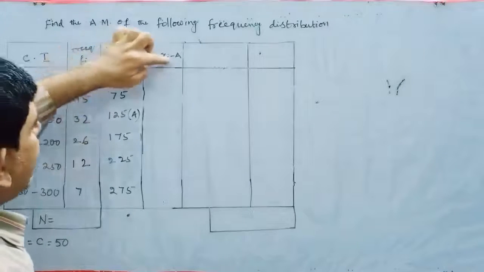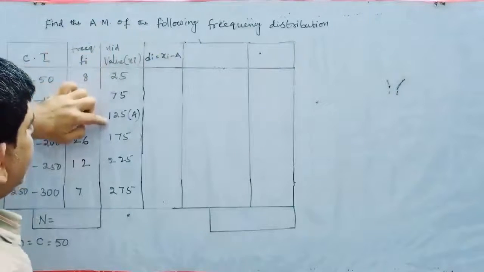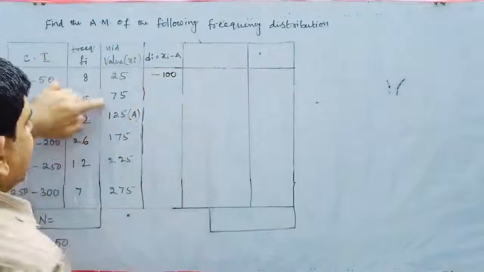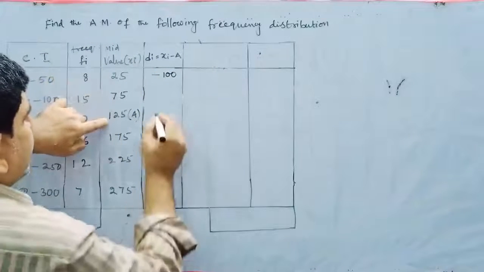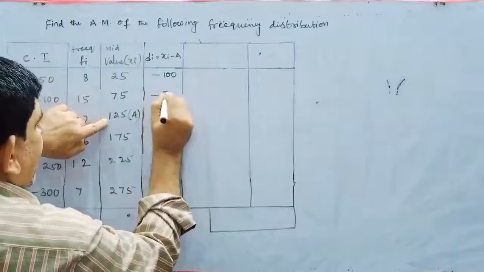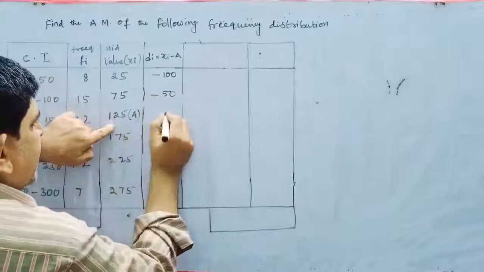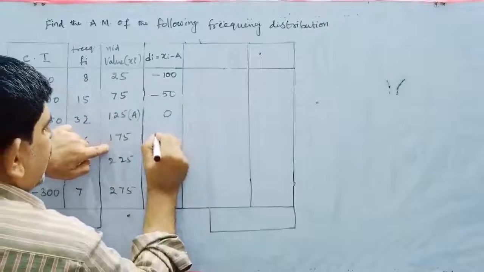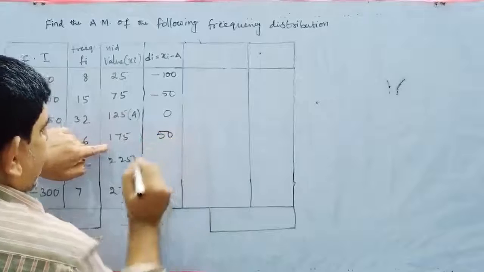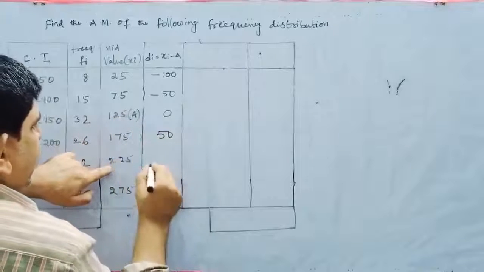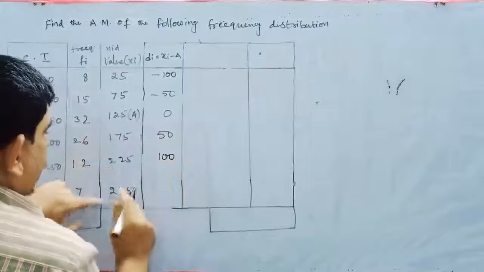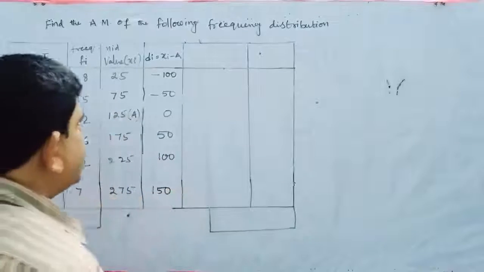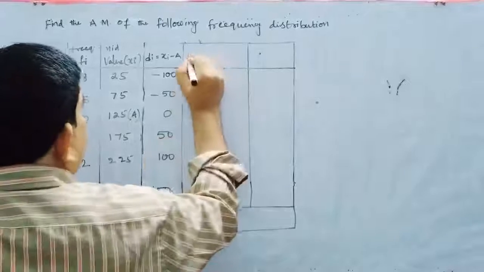Now xi minus a: 25 minus 125, that is minus 100. 75 minus 125, minus 50. 125 minus 125, 0. 175 minus 125, 50. 225 minus 125, 100. 275 minus 125, 150.